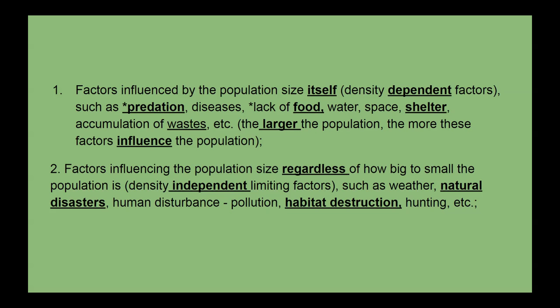Diseases, lack of food, lack of water, lack of space and shelter. Accumulation of waste, a lot of people don't really think about this, but especially in aquatic environments, this can be really important. If you have a lot of waste, you've got a big uptick in your nitrogen levels, which means that the fish aren't able to survive very easily. The larger the population, the bigger the problem.